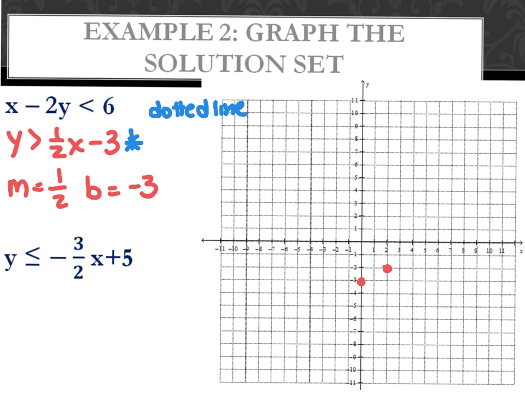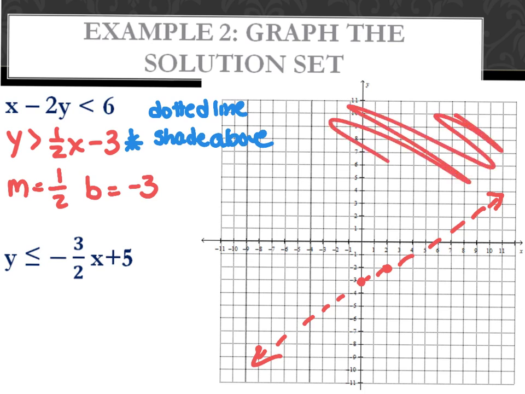So I can draw in my dashed line. And since it's greater than, I can shade above. So I can shade the entire area above the line.